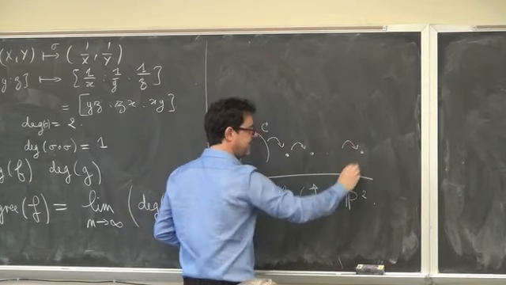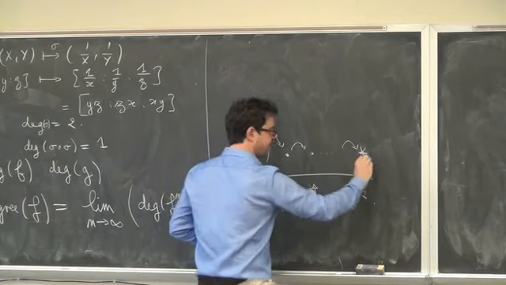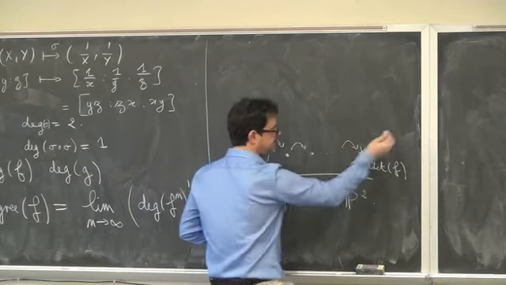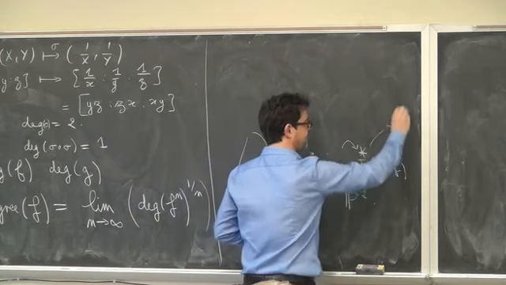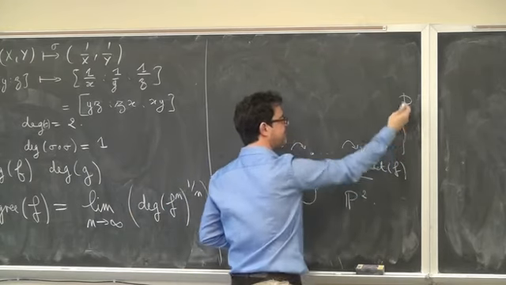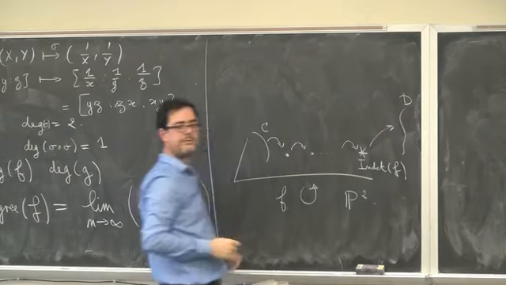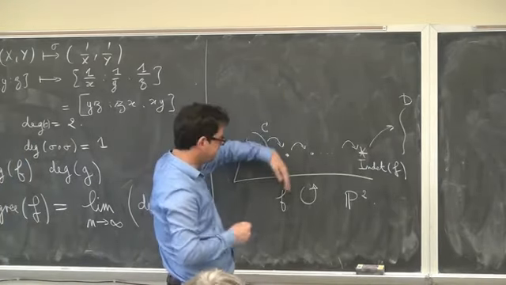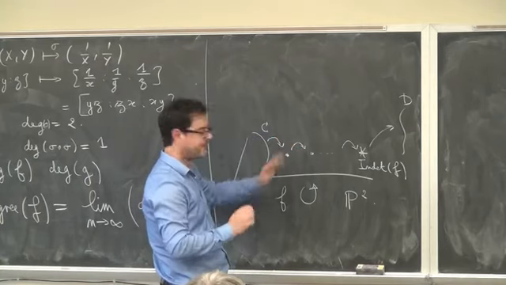And after a finite number of steps, you arrive at an indeterminacy point of f, which is mapped by the inverse map to a curve. So, if you don't see this picture, the sequence of degrees is just multiplicative.